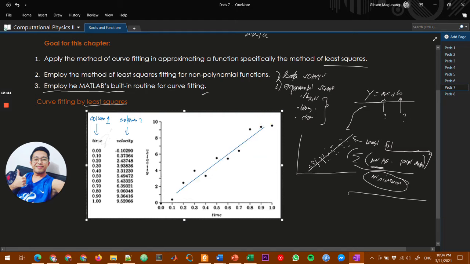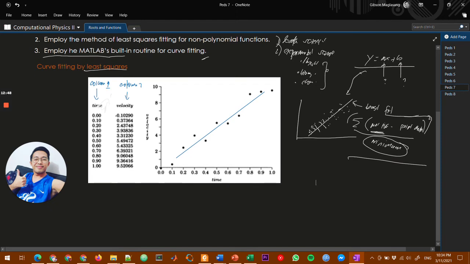From this straight line, you will find its least squares, the minimum of the sum of error. From the data, we have your time and velocity. This is your x-axis, and this is your y-axis.